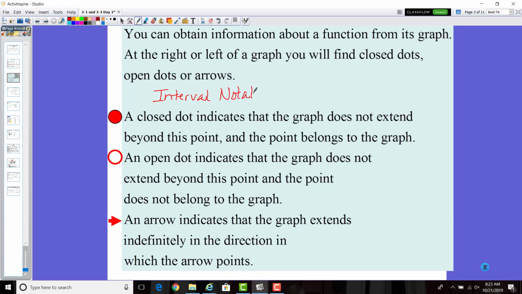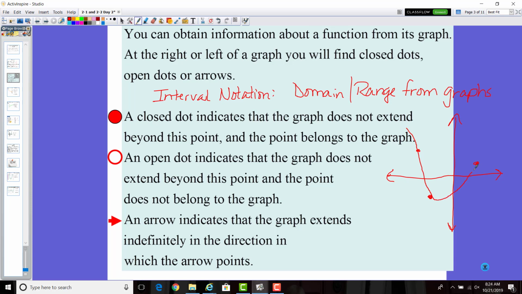Interval notation is used for domain and range from graphs. Now, why do we use this for graphs? When I draw a graph and I connect two ordered pairs, whatever they may be, I'm just going to make this up, and I'm going to draw a graph that looks like this.